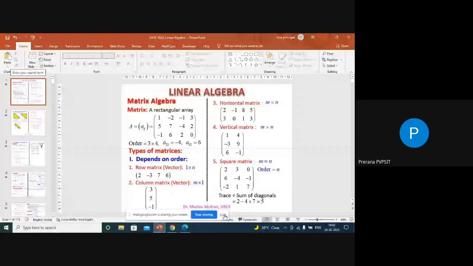Now the voice is audible clearly, sir. What about the screen? Are you presenting, sir? Yes, madam. Is the screen visible? Not yet, sir. Present already connected it is. Okay, let me. What about now, madam? Okay, linear algebra. Okay, right. Let me start.